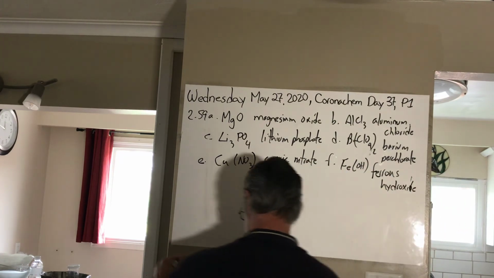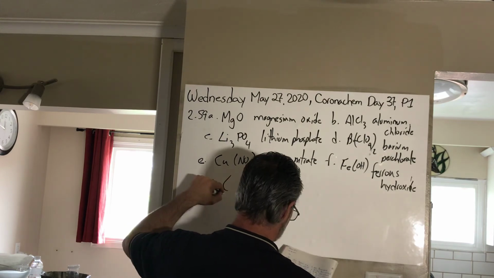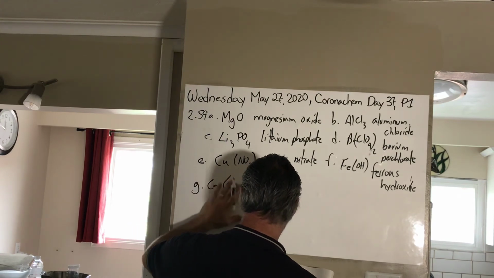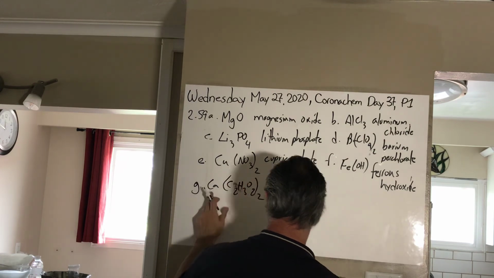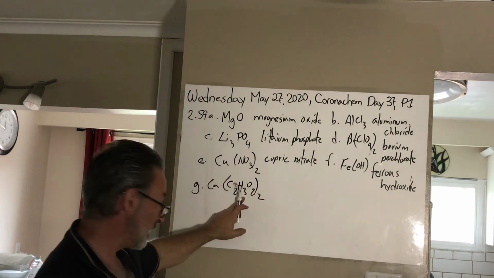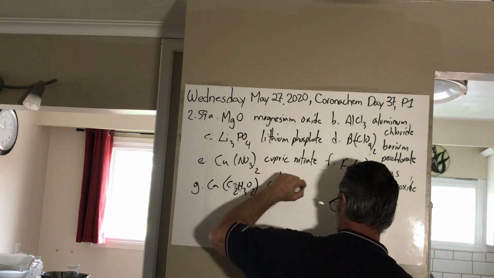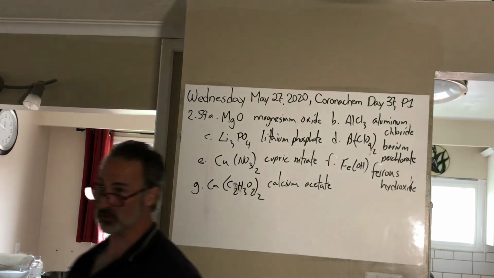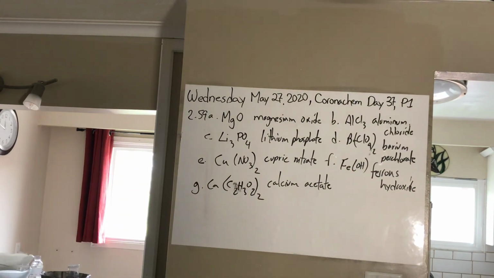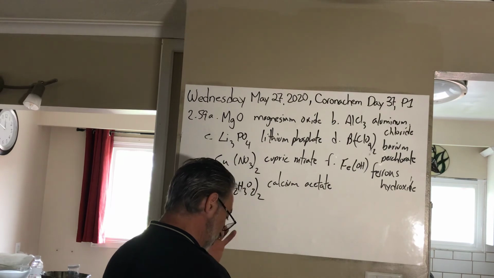G has calcium with, it looks like acetate, yeah, C2H3O2, taken twice because calcium has a +2 charge, acetate has a -1 charge, so you call this calcium acetate. Incidentally, acetates are all soluble, almost all of them are soluble, and same with nitrates. If you want something soluble, an acetate or a nitrate is usually soluble in water.